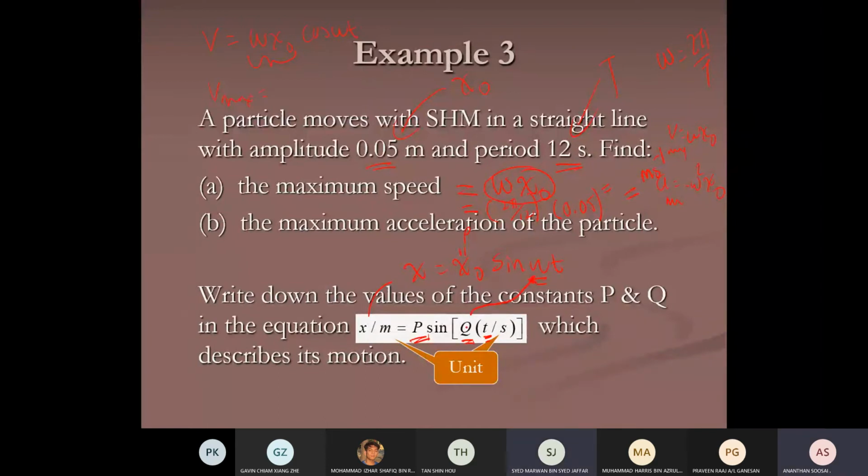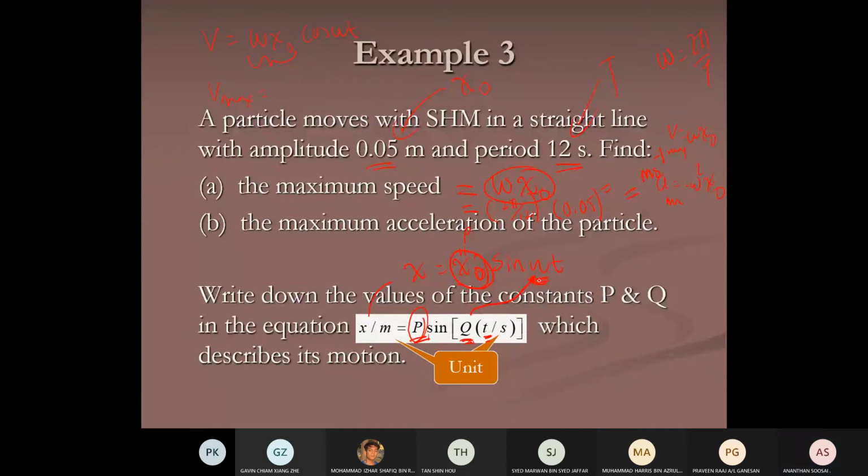So they're asking you to find what P and Q are and put them into the formula. What does P stand for? Whatever is beside the trigonometry function is the displacement amplitude. So P stands for x naught, the maximum amplitude. Q stands for omega. So do you know x naught and omega? What is your x naught from this graph? 0.05 is the x naught.